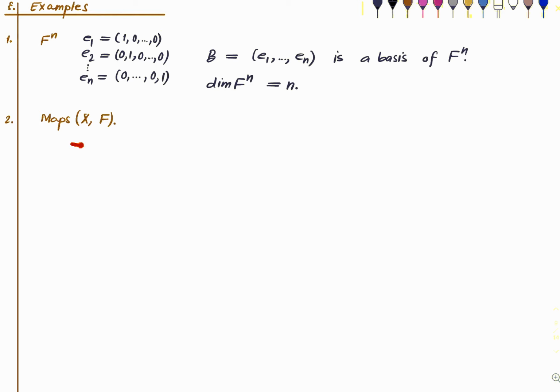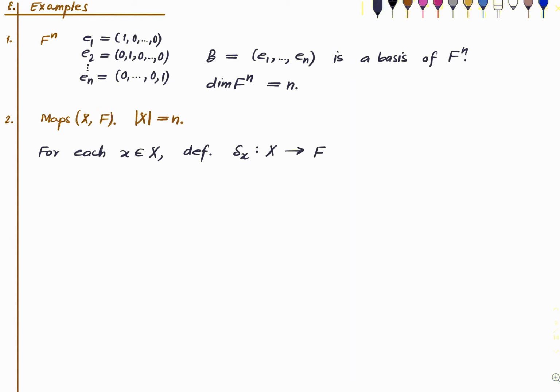What about this guy? So here X is finite. Let's say X has size n. So now we will write down a basis of it. For each x, define the function delta_x from X to F. So here F is just any field.